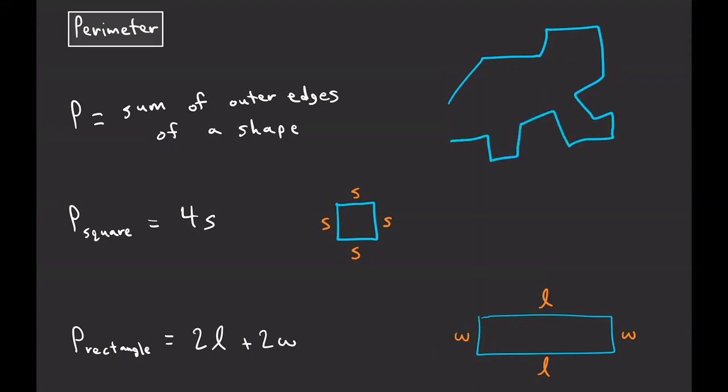So we could have this really ugly shape here, and what you'd have to do is look at all of these different side lengths and measure all of those. Once you have measurements for all of those, you would just add them all up, and that would give you the perimeter of whatever that shape is. And obviously there are more shapes than just square and rectangle.